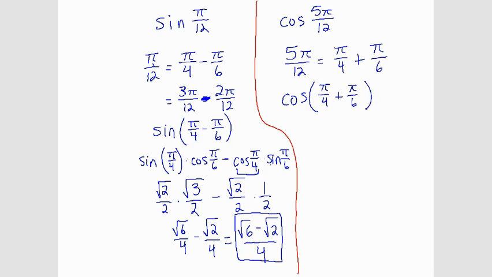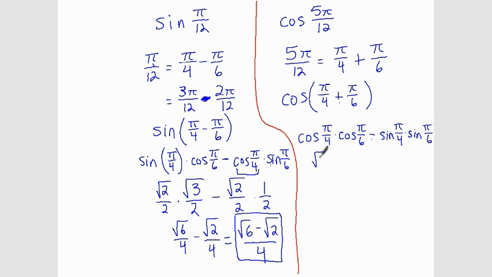And now we'll use the addition cosine identity, which is cosine pi over 4 times cosine pi over 6 minus, remember addition here means subtraction when it's cosine, sine pi over 4 times sine pi over 6.